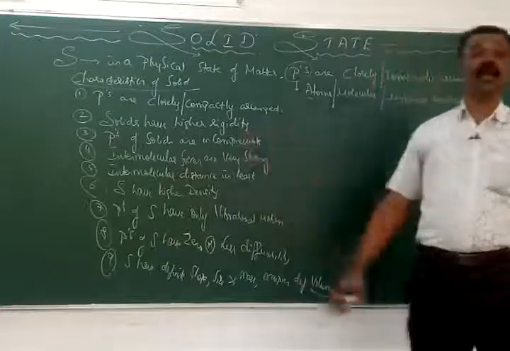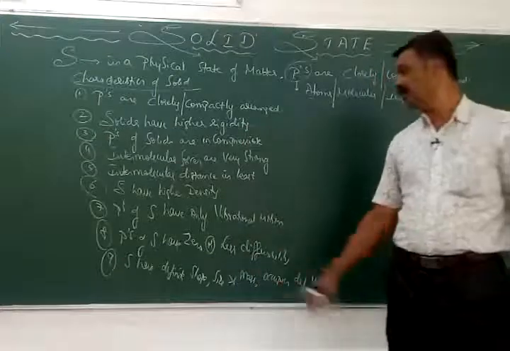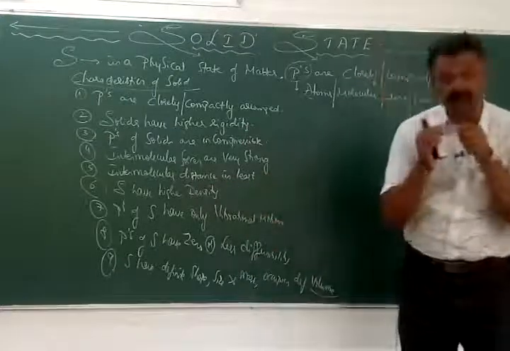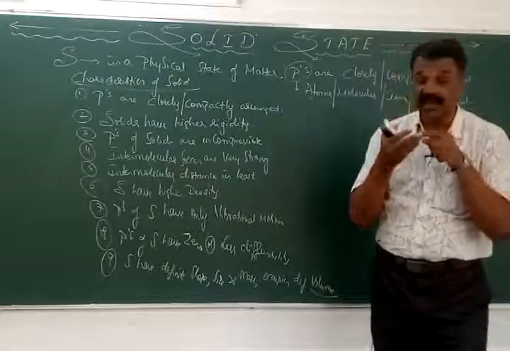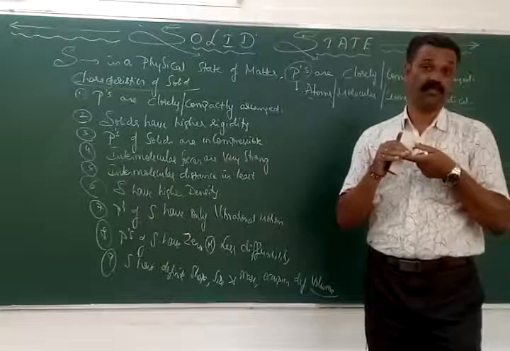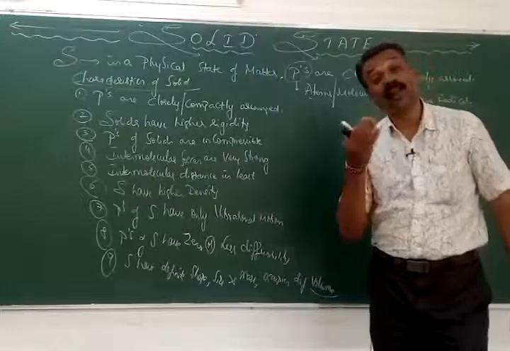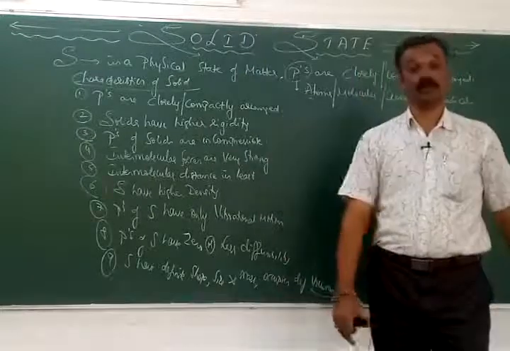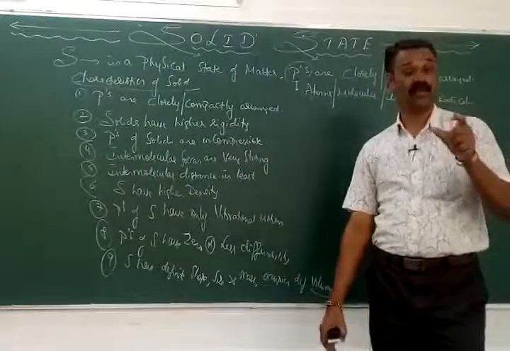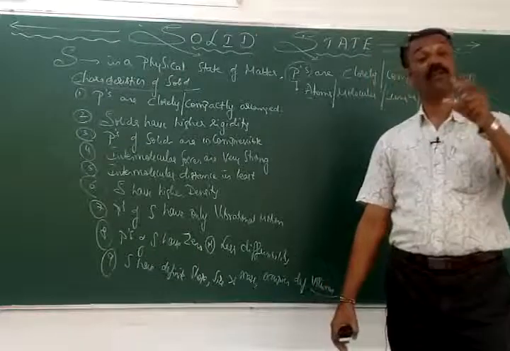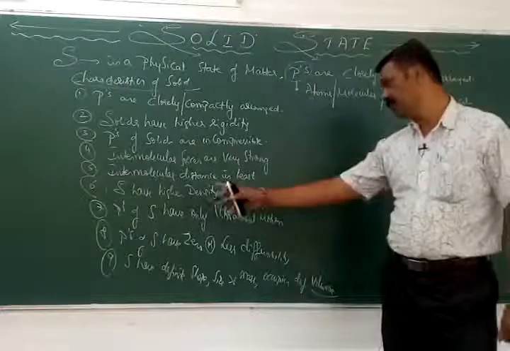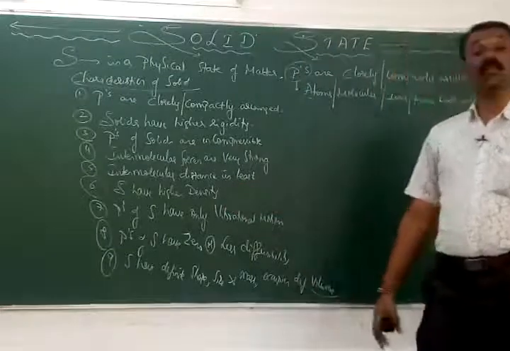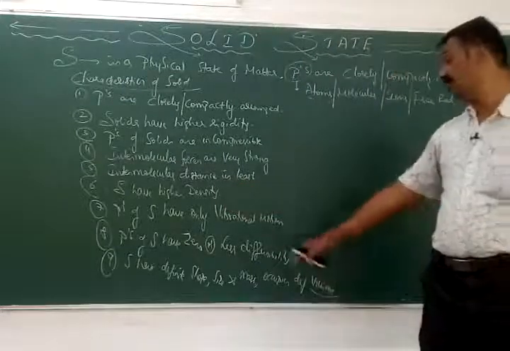As the particles are very close to each other, the intermolecular distance is very least, which indirectly says that the intermolecular force of attraction is very strong in solids. Then these particles have the highest density.